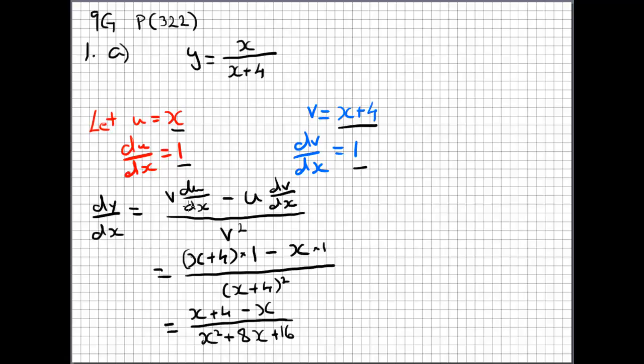And here we can see that x and x cancel each other out, so we are left with 4 divided by x squared plus 8x plus 16. Now, you didn't even have to expand this bracket. We could have left this easily as 4 over x plus 4 squared.